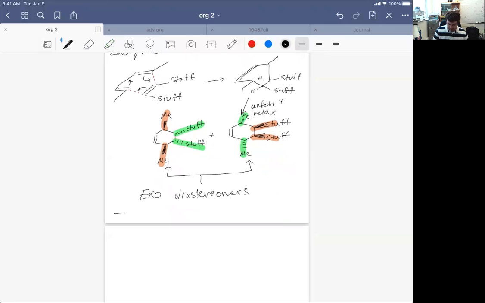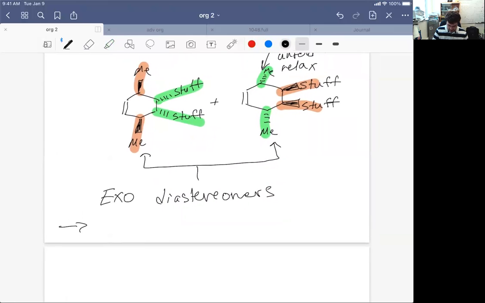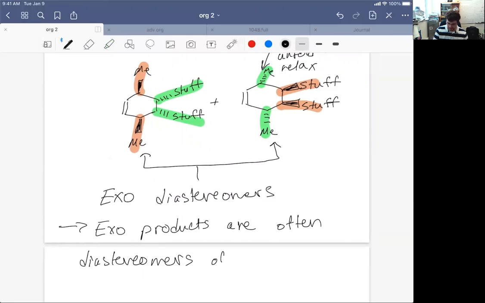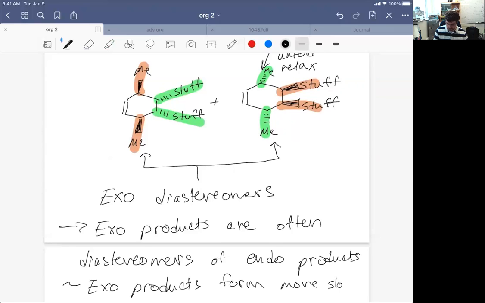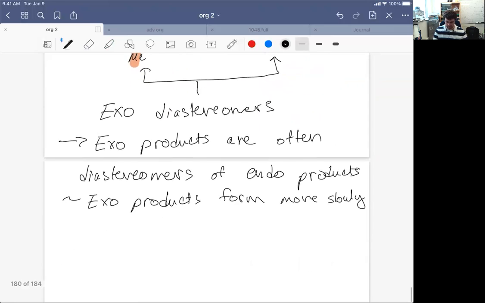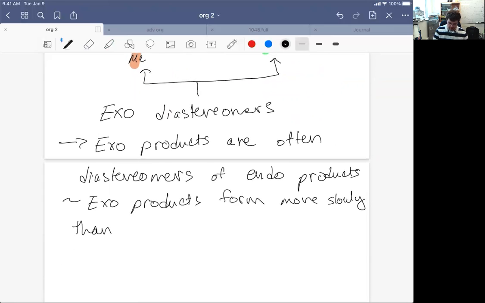Now that's a good, important point to characterize: the exo products are often diastereomers of endo products, and exo products form more slowly than endo products.